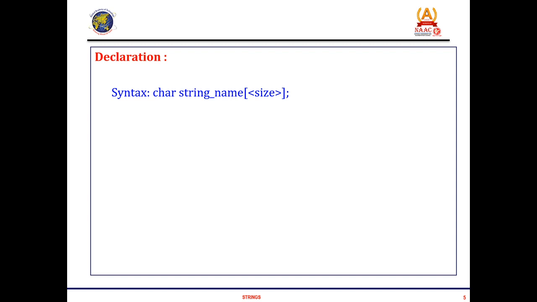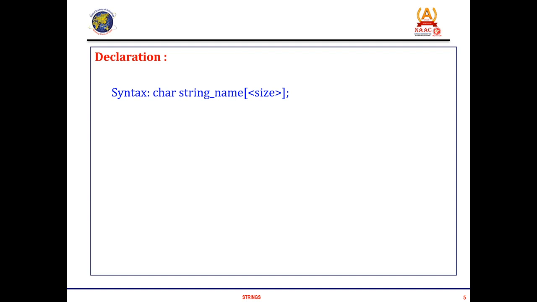Now, instead of int and float, if I replace the data type by char, without changing the other part of the syntax, that means my syntax has data type char followed by the name of an array followed by the size, that is, the dimension. Such a declaration statement is actually called a string, where the data type is char.